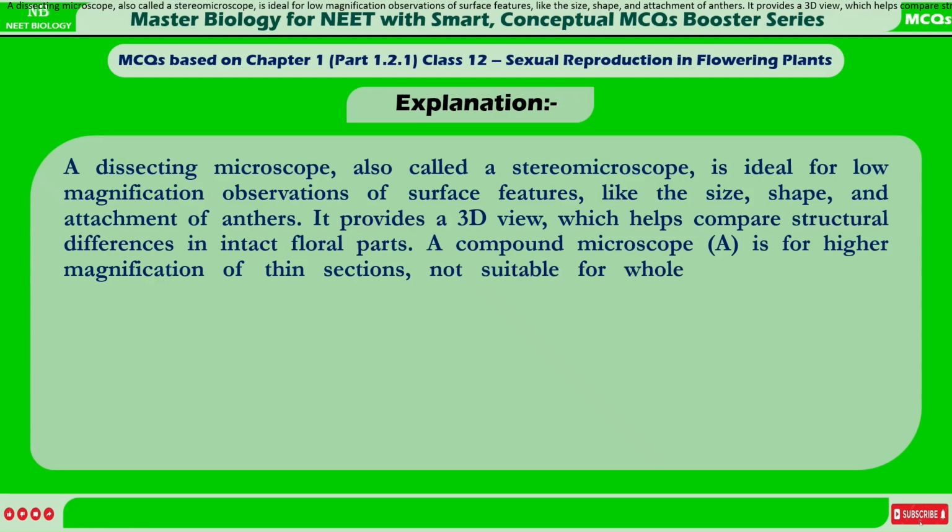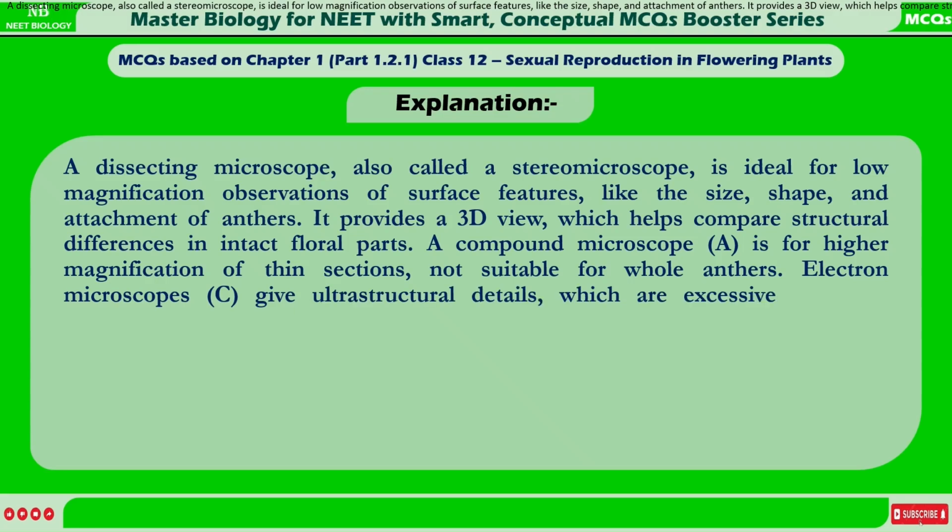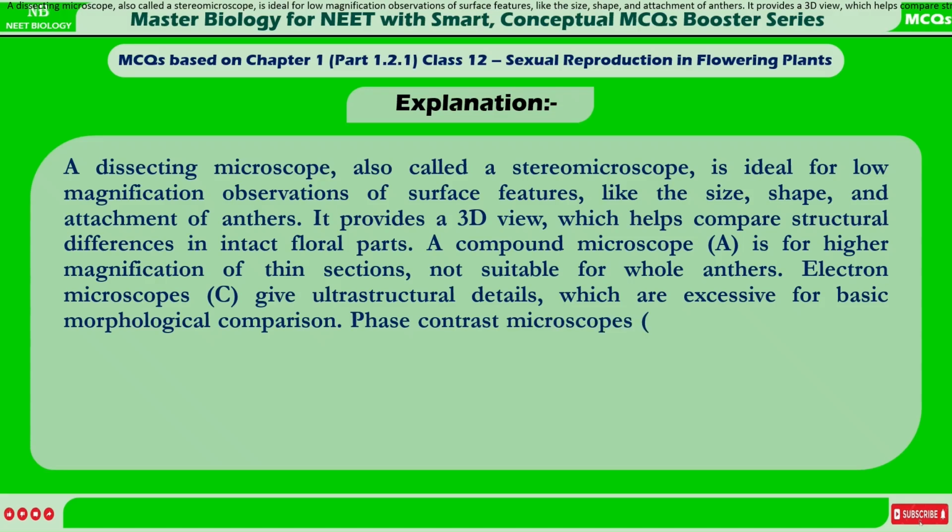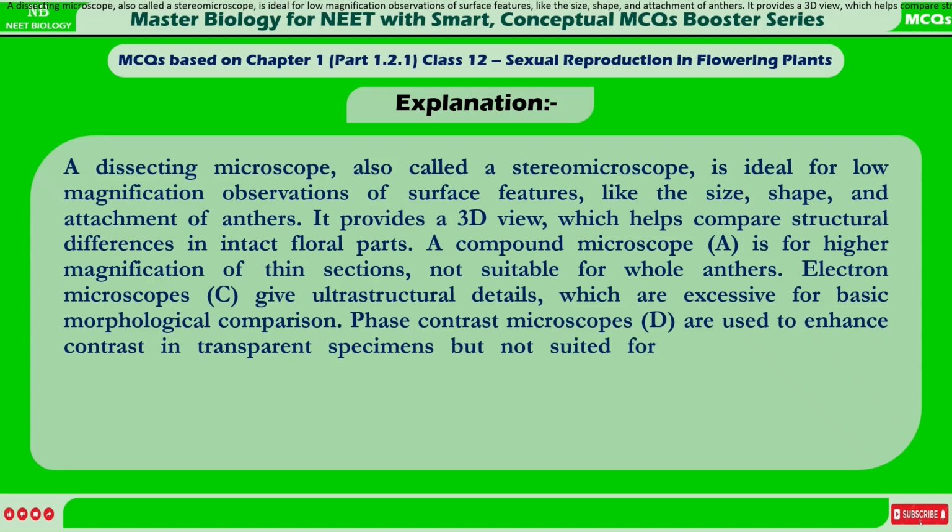Electron microscopes, C, give ultrastructural details, which are excessive for basic morphological comparison. Phase contrast microscopes, D, are used to enhance contrast in transparent specimens, but not suited for gross morphological comparisons. Thus, B, dissecting microscope is the correct tool.